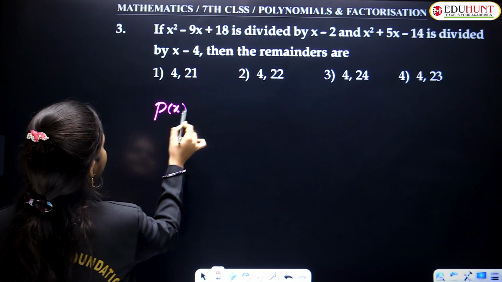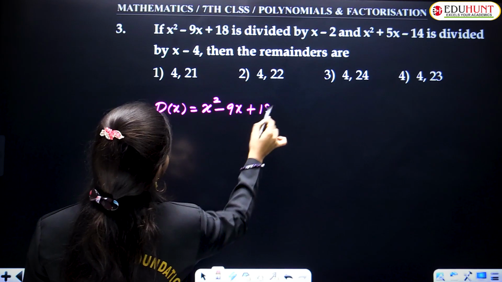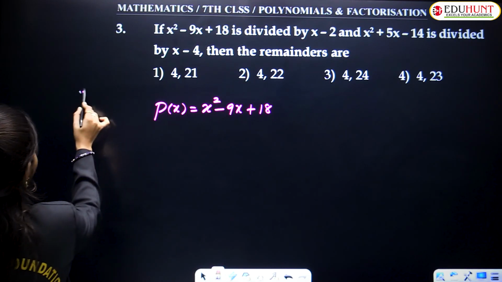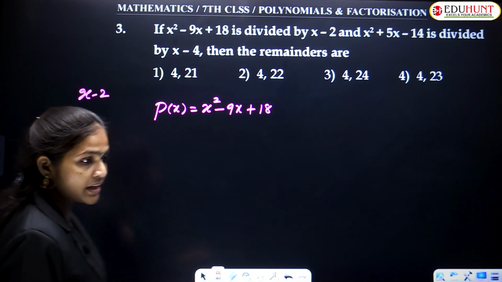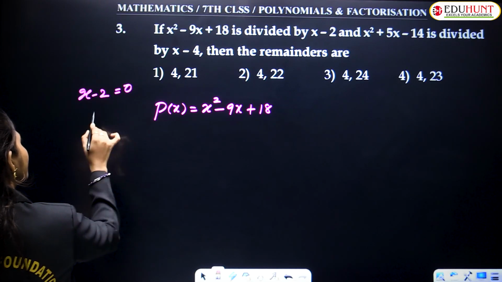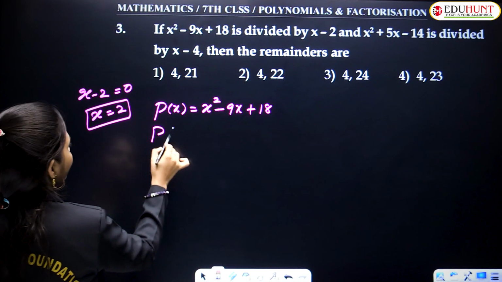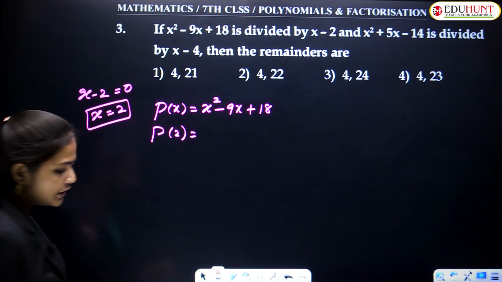Let p of x is equal to x square minus 9x plus 18, divided by x minus 2. From this, x minus 2 is equal to 0, so x is equal to 2. Here we need to find the p of 2 value.